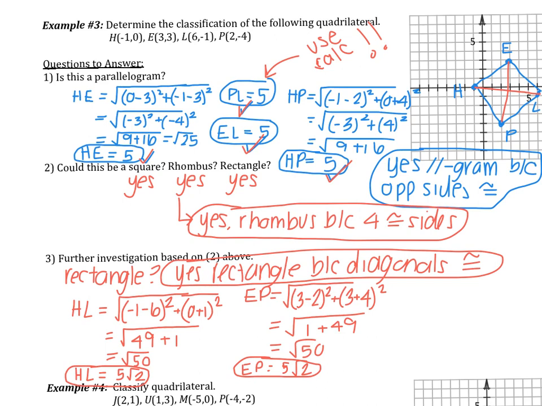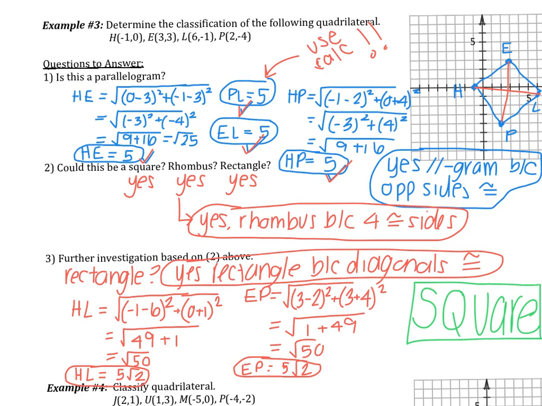If it is a parallelogram, a rectangle, a rhombus, then my overall shape is a square. Right? You have all the characteristics. You are a parallelogram. You are a rhombus. You are a rectangle. Together, that makes you a square. So in the end, from the beginning, this quadrilateral is a square, and make sure you have all of these reasonings with it.